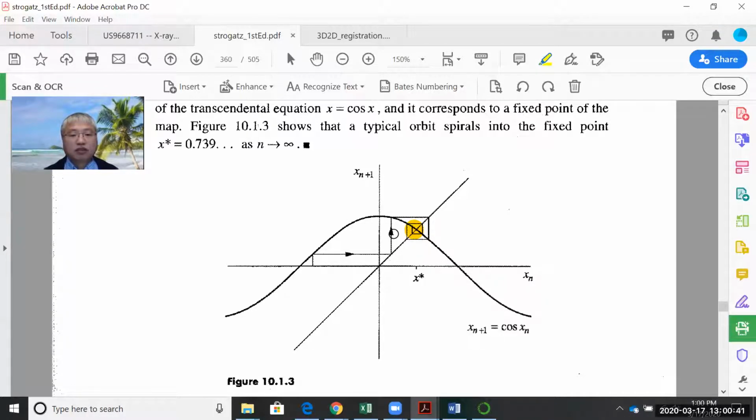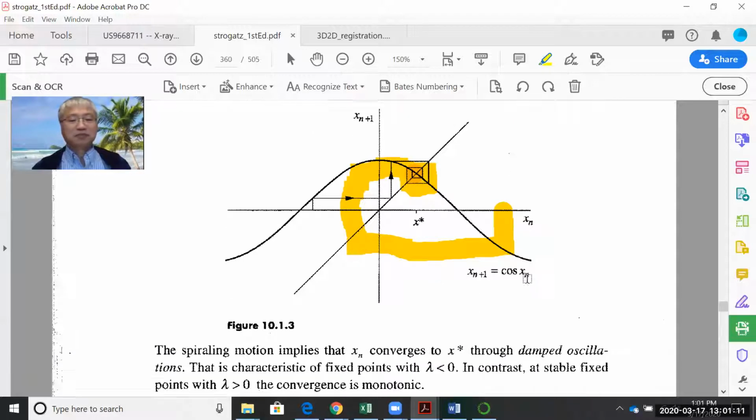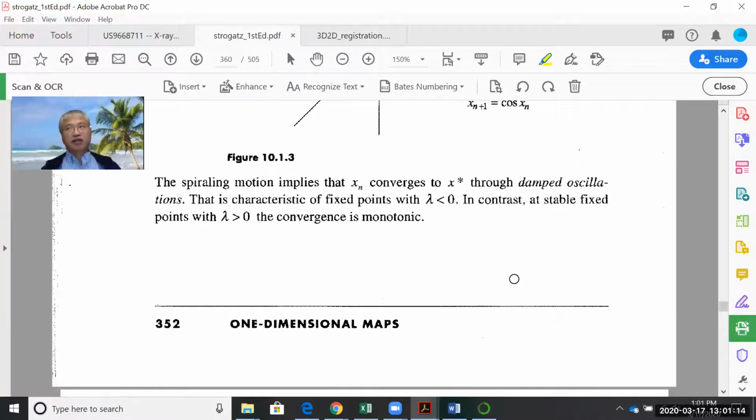Then you jump to here, and then you go on. Say you jump down here, and then you go all the way around, and then you go up, and then go on. Well, my cursor is huge. I don't know whether there's a way to change this cursor to be smaller, but you get the point that this will be stable.